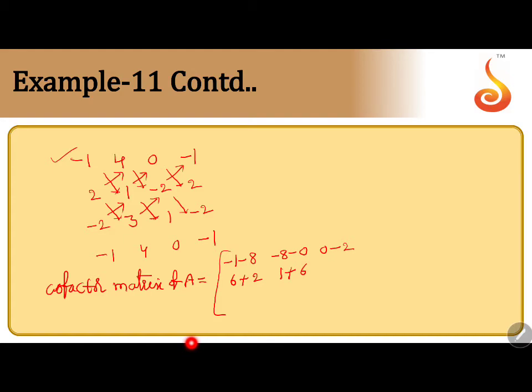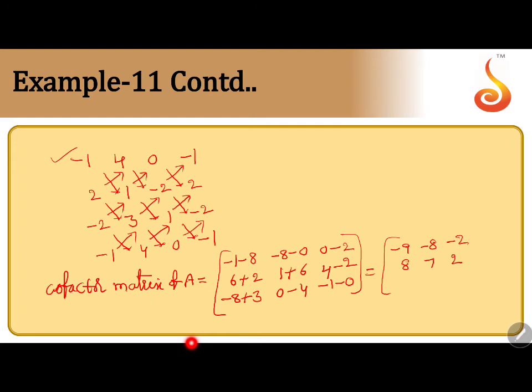Minus 2 into minus 2 plus 4, that is 2. Minus 2 into 4 minus 8, that is minus 5. Minus 1 into 3 minus 3, plus 3, minus 4. 3 into 0, 0, minus 4 into 1, 4. 1 into minus 1 minus 0 into minus 2, minus 1. So it equals minus 9, minus 8, minus 2, 8, 7, 2, minus 5, minus 4, minus 1.